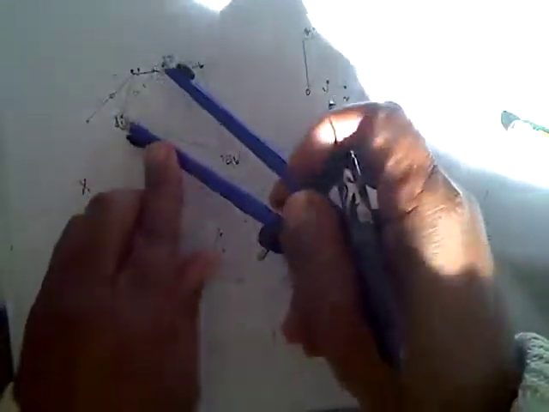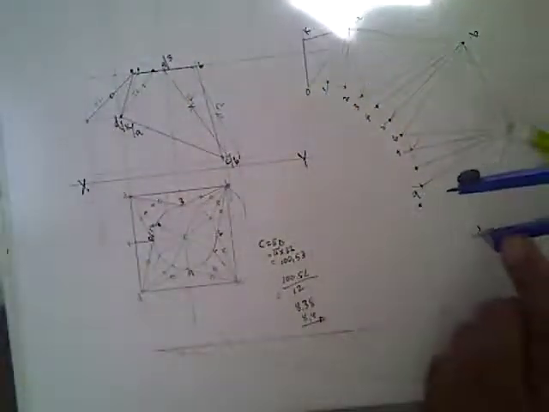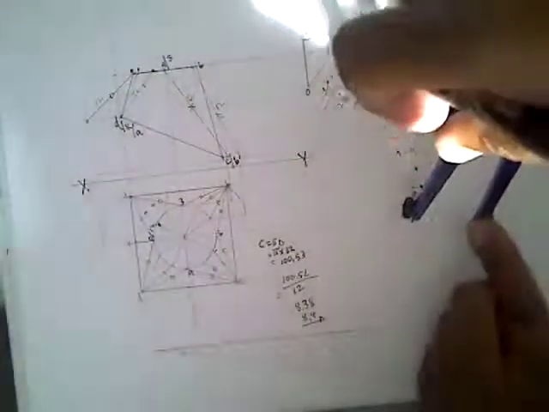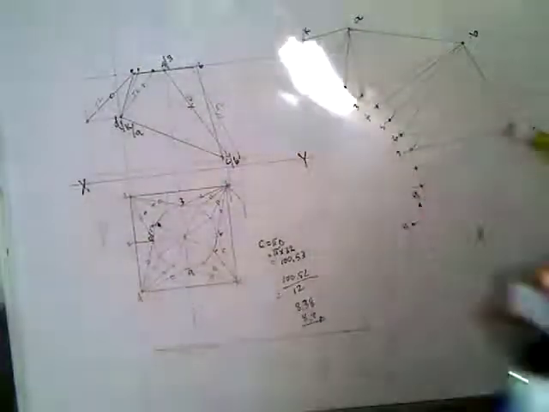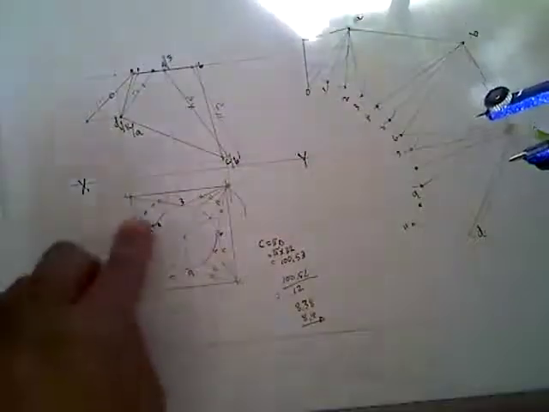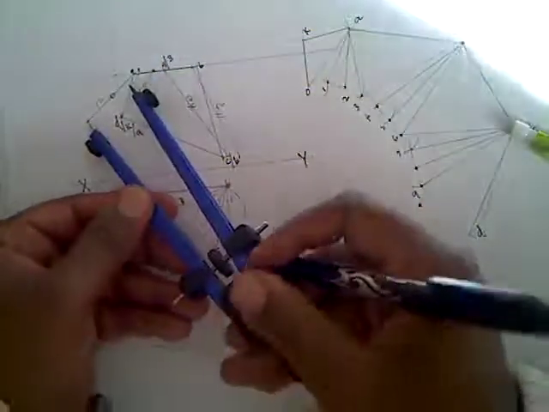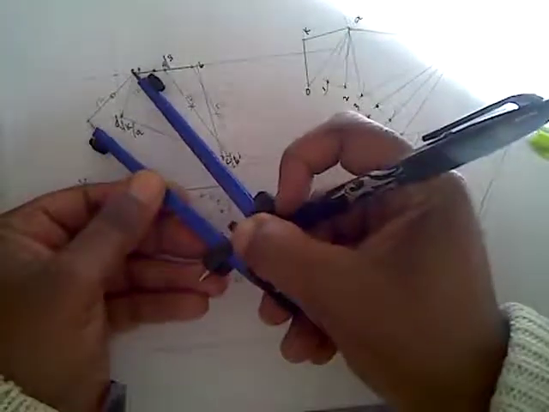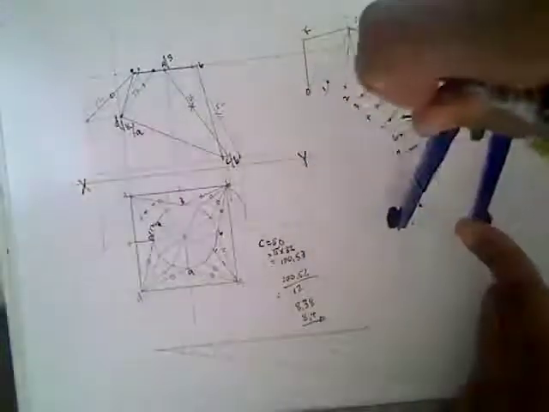There is D to 11. It will be my 11 here. And then there's D to 12, the one with a 0.